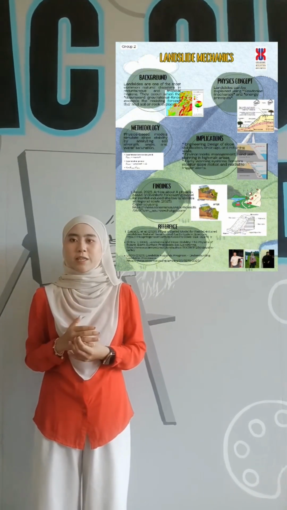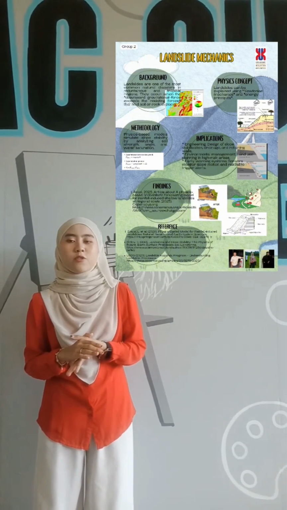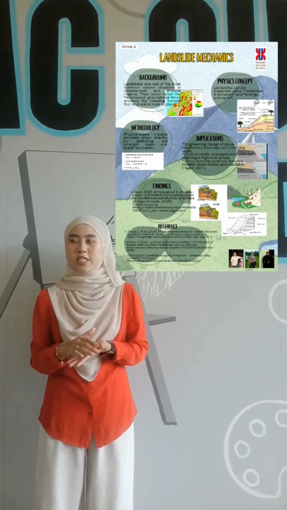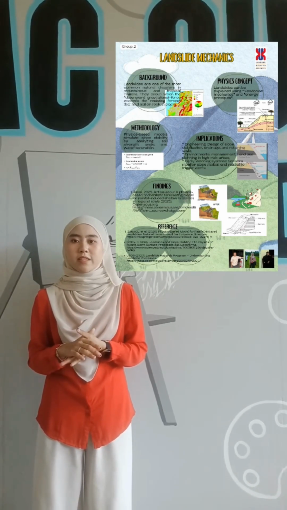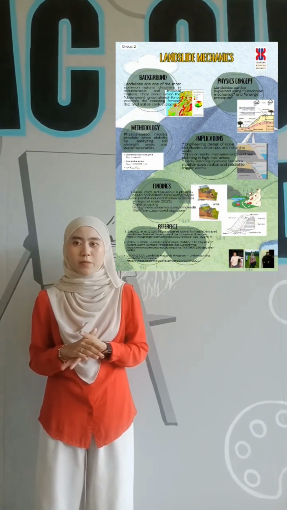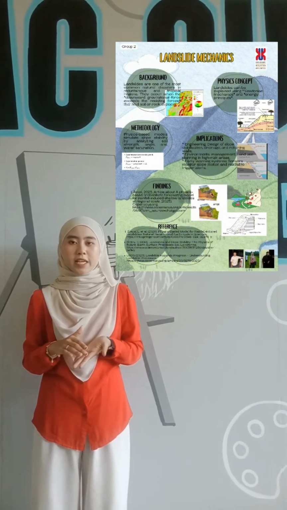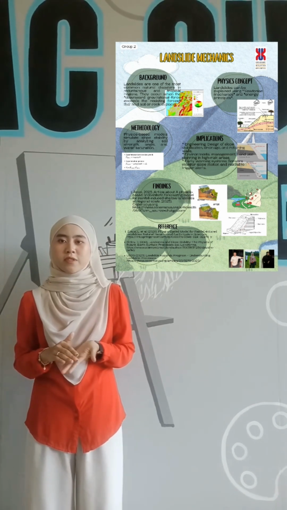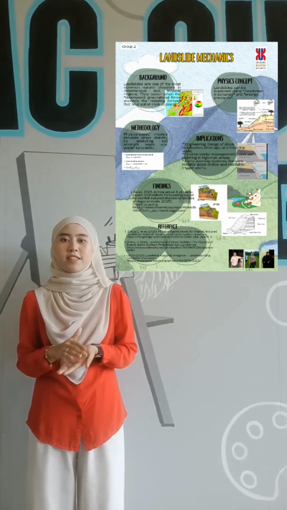When rainwater seeps into the ground, it increases the pore water pressure, which reduces the friction between soil particles, making the slope unstable. By studying the mechanics of landslides, scientists and engineers can predict potential slope failures and design systems to prevent them.